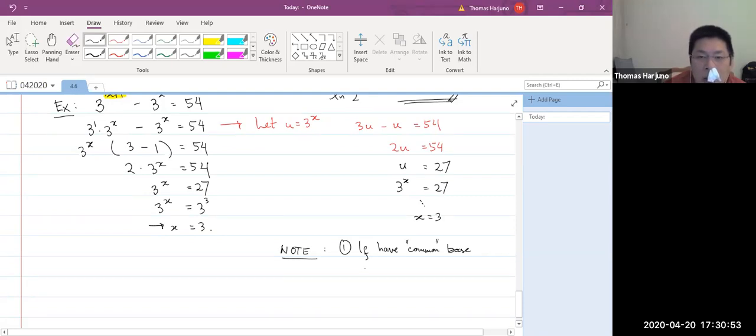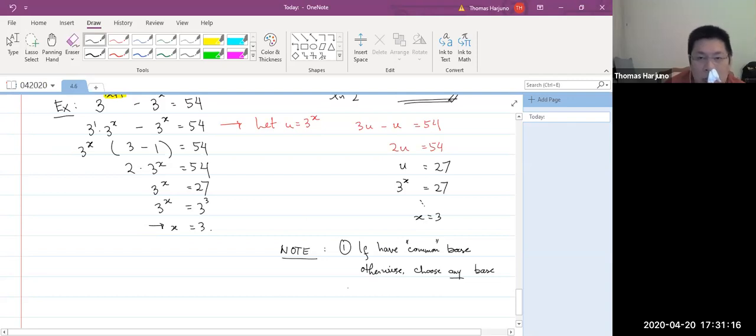Otherwise, choose any base, base e, base 10, base 3, base 4, whatever you think convenient.